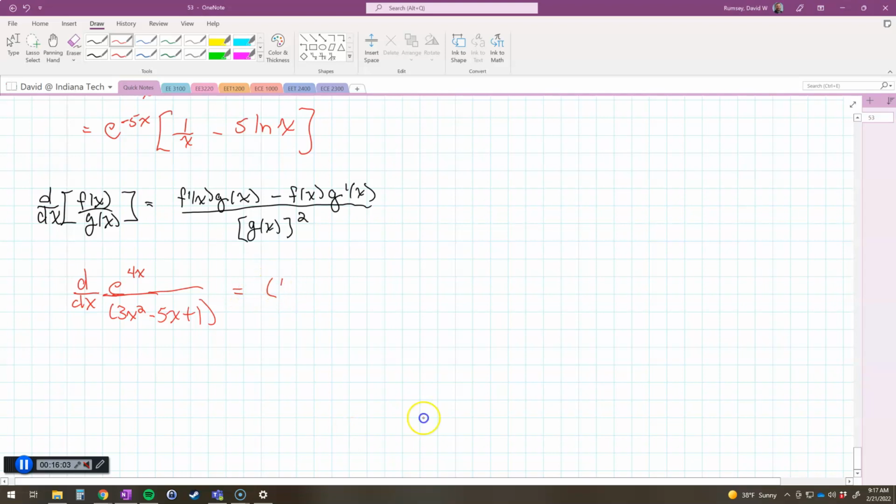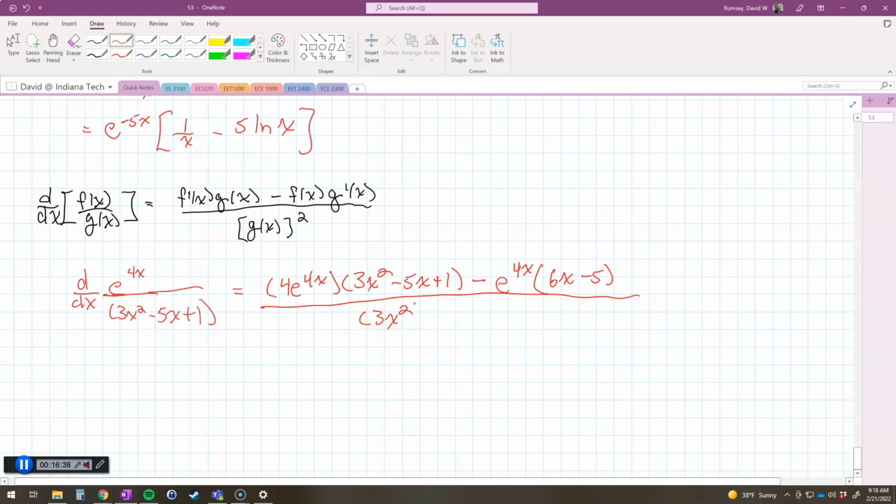This would be 4e to the 4x, because that's the derivative of f at x, times the bottom, 3x squared minus 5x plus 1. And then it's minus the top, which is e to the 4x, times the derivative of the bottom. The derivative of the bottom is 6x minus 5. And then this is all over the bottom, quantity squared.